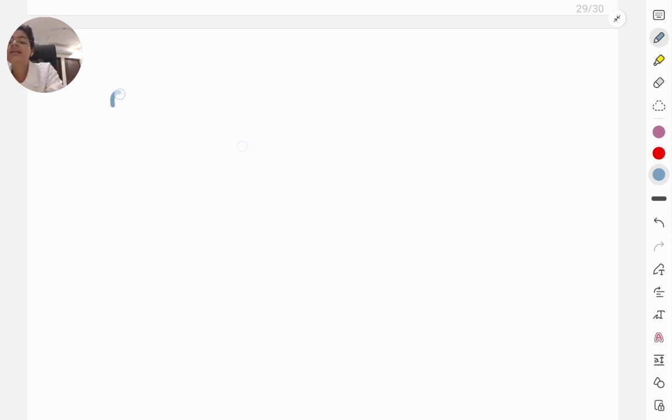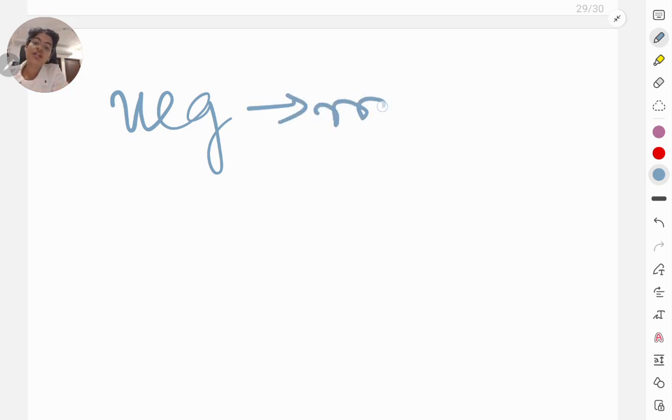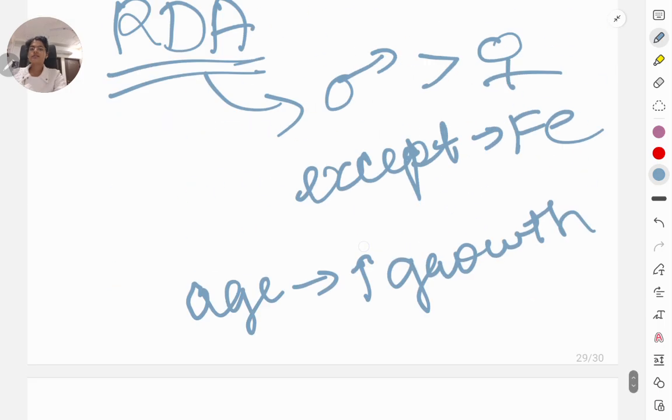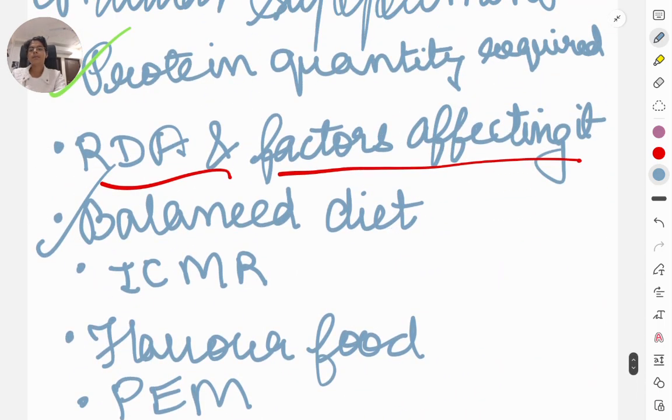Now, one thing: in a vegetarian diet there is sometimes a lack of protein, so vegetarian people should take milk and pulses, right?